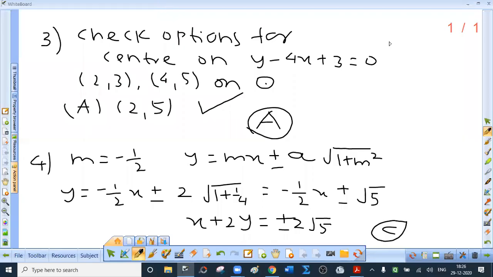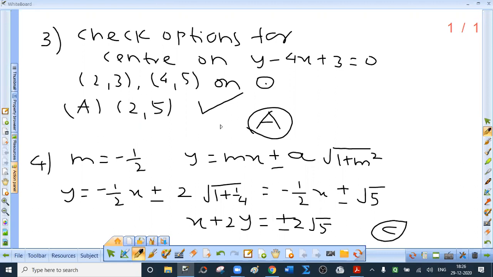Fourth one: the equations of the tangents to the circle x square plus y square equal to 4, which are parallel to x plus 2y plus 3 equal to 0, are. Basically, parallel lines have the same slopes. So the equation will contain x plus 2y, but you will notice that in option B, x plus 2y is there, in option C also, so this will not work.